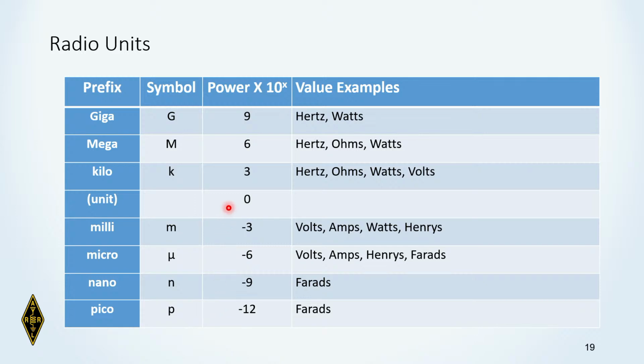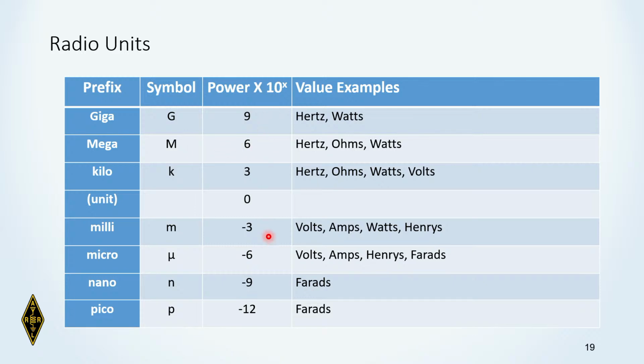So the basic unit, like 1 volt. Kilo is 1,000 volts. So if we take the number 1 and then add 3 zeros to it, we wind up with 3 kilovolts. That wasn't a direct conversion. I'm just showing that that's what a kilovolt is. So megawatt, let's say, would be 1 with 6 zeros.